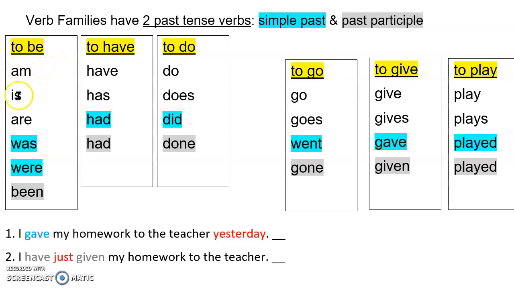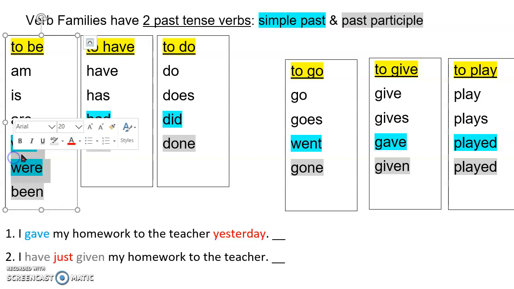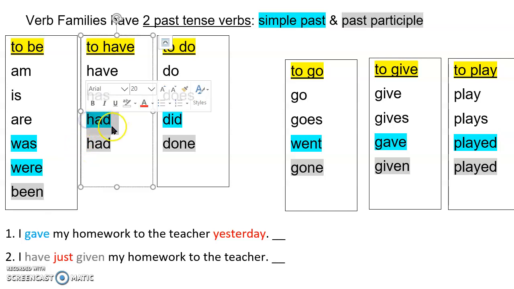We can see the children of these verbs here, and we can see that the to be family has 2 simple past tense verbs. One we use for the singular and one we use for plural. But we can see with the other verb families, they only have one simple past verb.